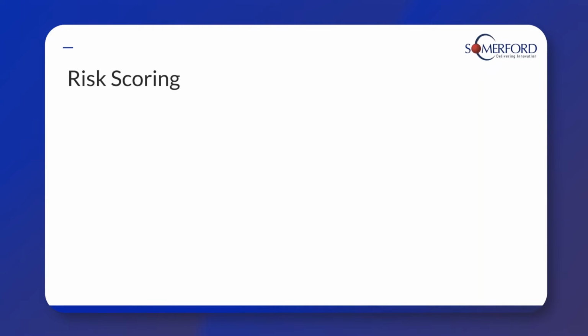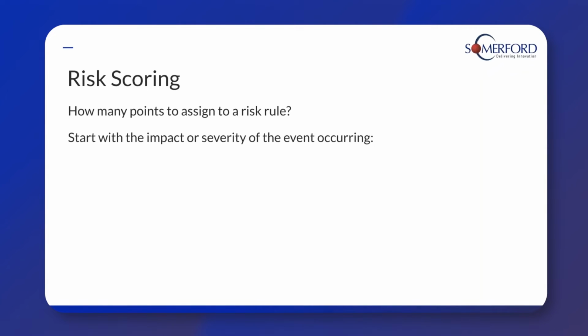One of the best ways, and it came from the original Jim Apgar concepts right at the beginning, is having both an impact score as a starting point and a confidence level that alters that impact score. So we'll start with the impact or severity of the event occurring. If this is actually a true positive, how impactful is it to the business? How likely is it going to be something malicious? What is it actually going to deal with or do, right?